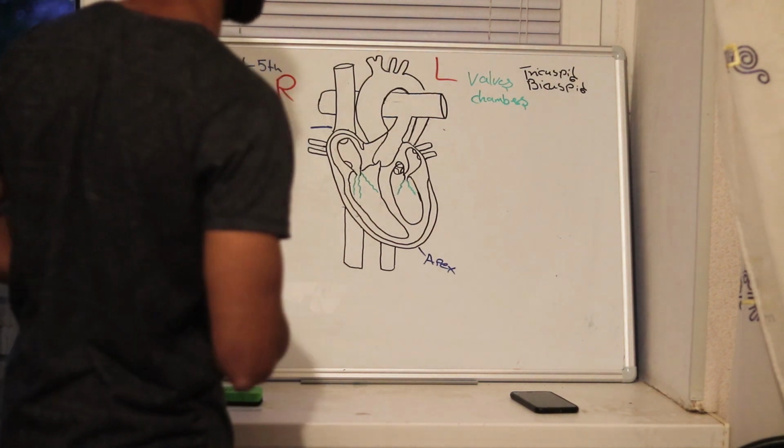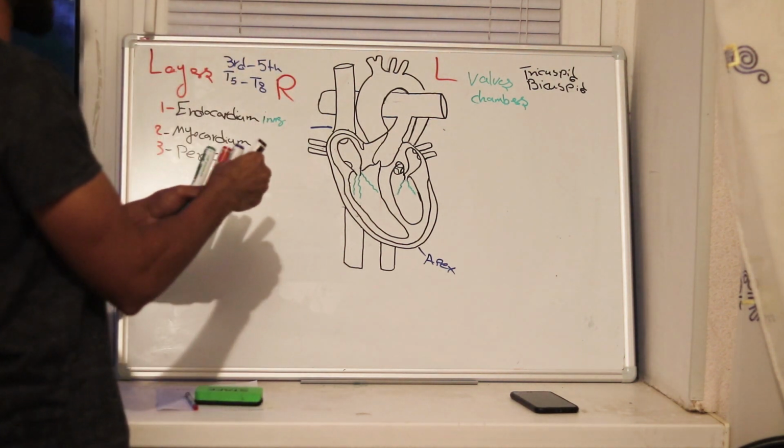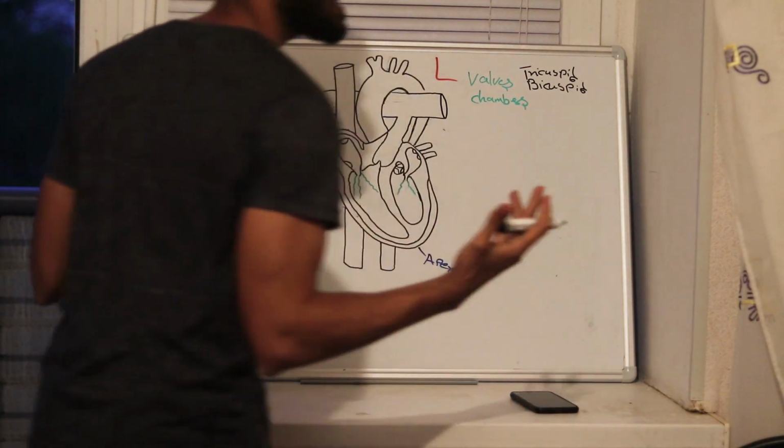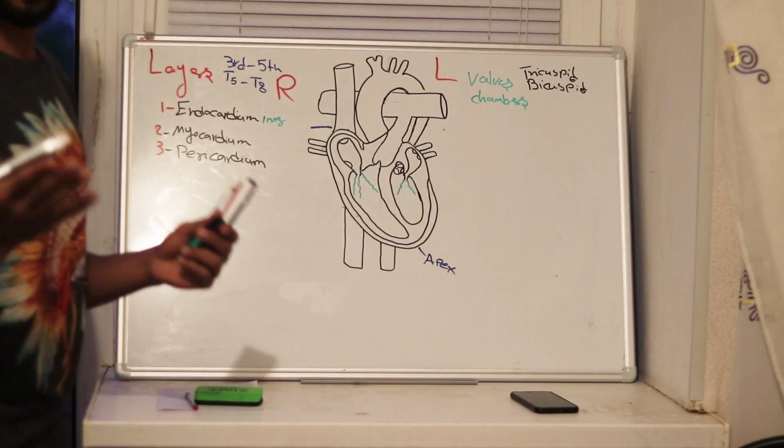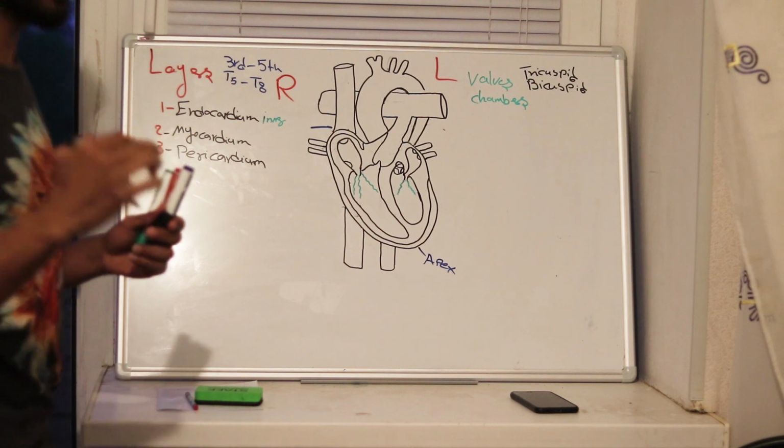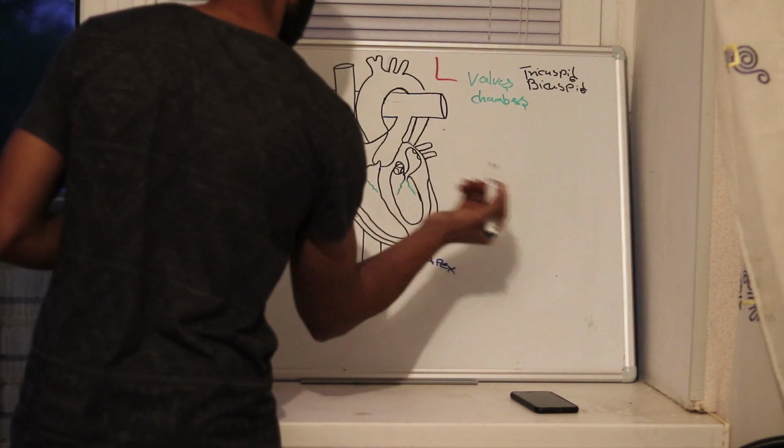So what about the chambers? To complete the valves, we have two semilunar valves. Semilunar: lun means moon, and semi means half, so half moon.